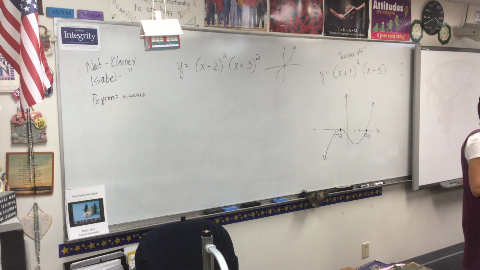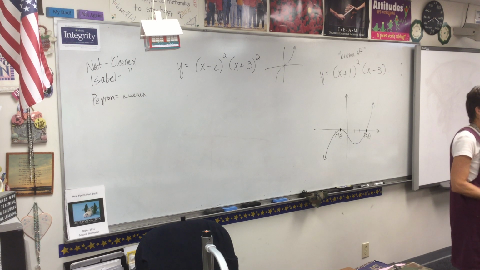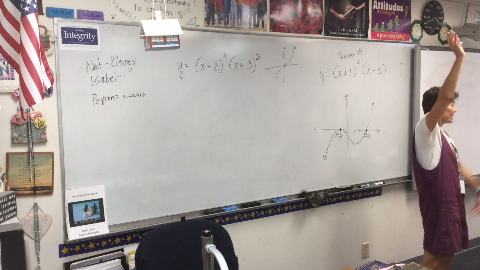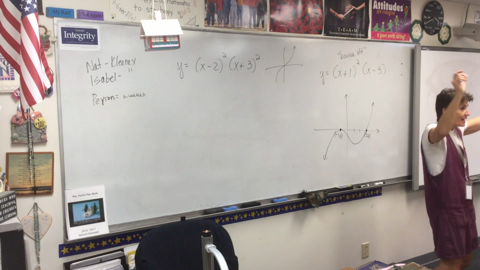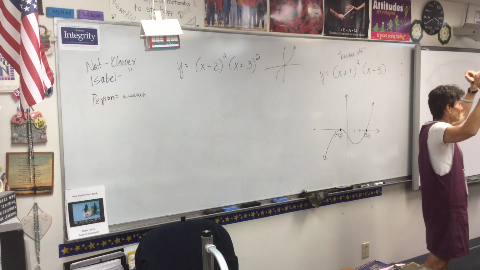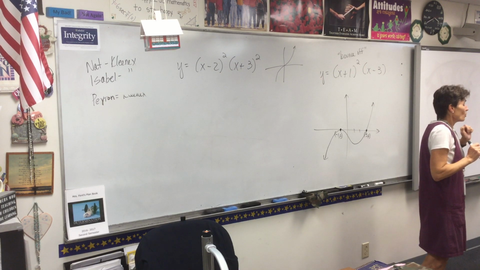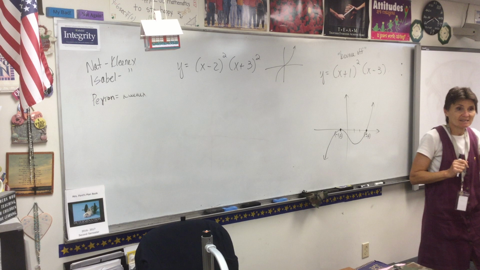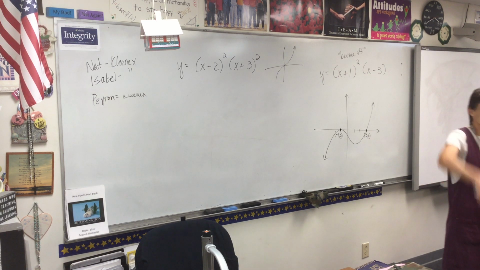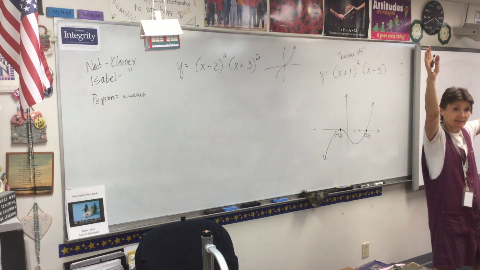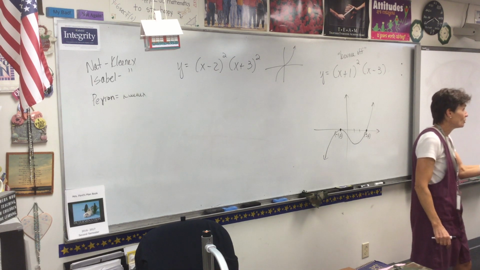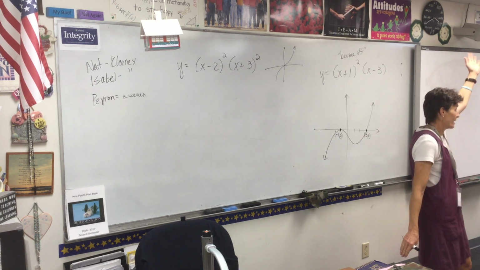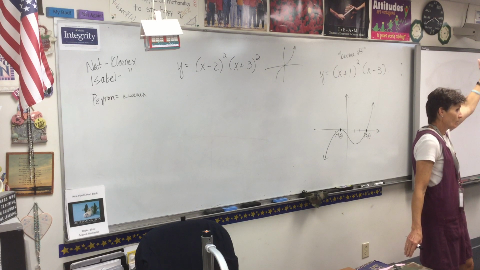So when I say that, what do I mean? How do squares behave? They start up and end up. That's how squares behave. Any even power behaves that way. So if you have an x to the 4th, an x to the 6th, an x to the 8th, it's going to start up and end up. As opposed to an odd power like x cubed that starts down and ends up. Okay?